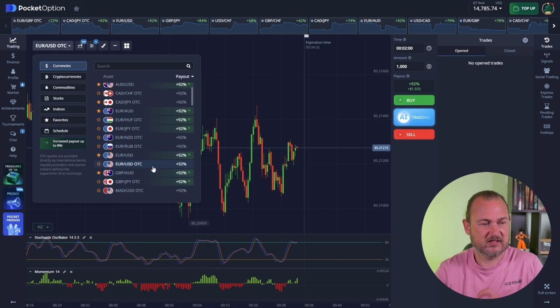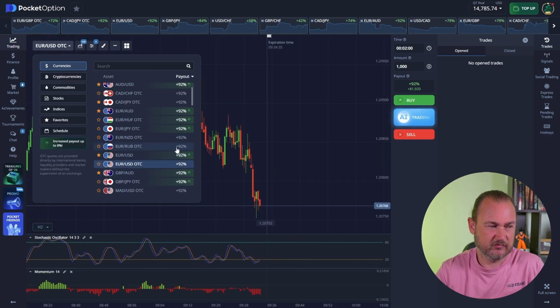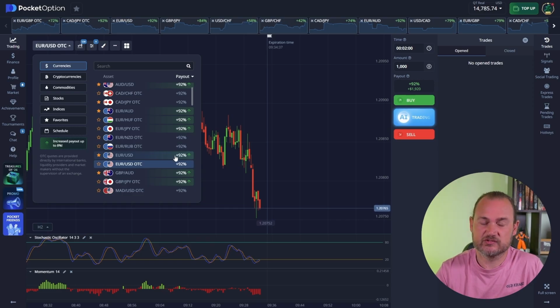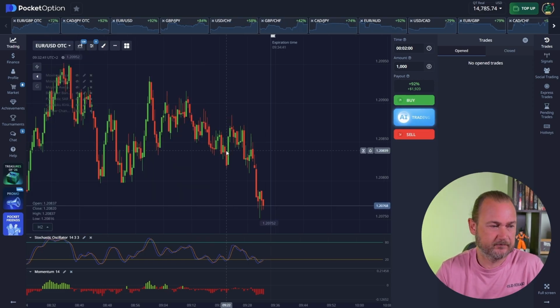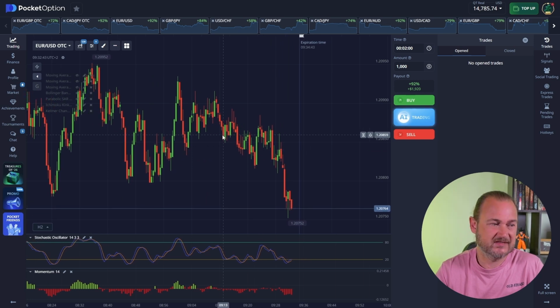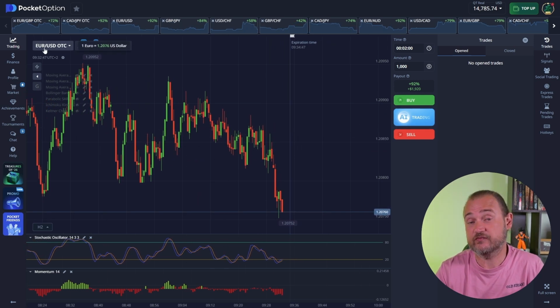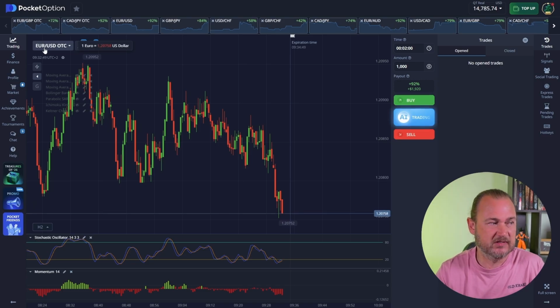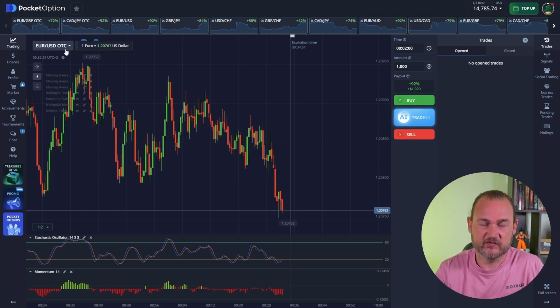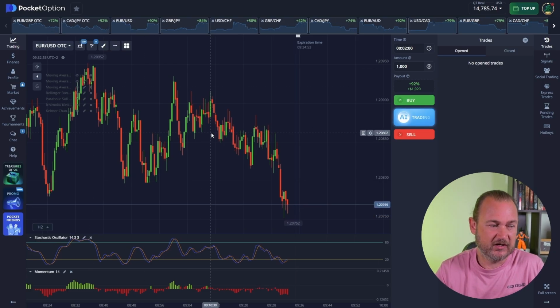It's important that you need to be able to identify whether price is ranging or trending. Trending doesn't necessarily mean it has been falling for the last few hours. It just means that if price is trending, it's moving in a general direction.